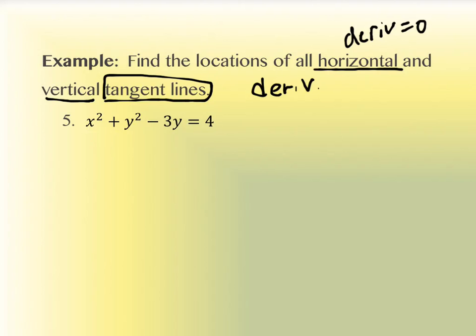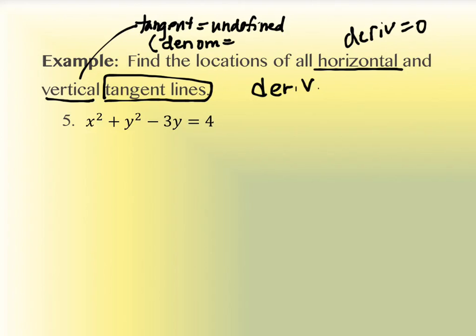And how do we get an undefined slope? You probably have a 0 in the denominator. So this vertical tangent line business, we're wanting the tangent to be undefined. And that's going to mean for us that we're going to have a denominator that's going to be equal to 0 as we're working with the problem.